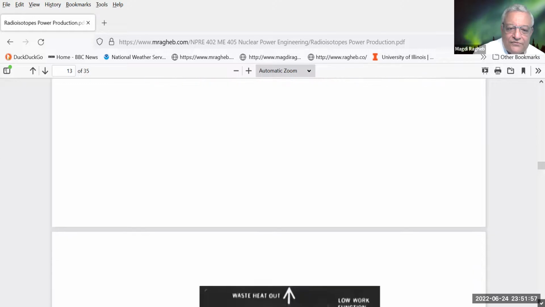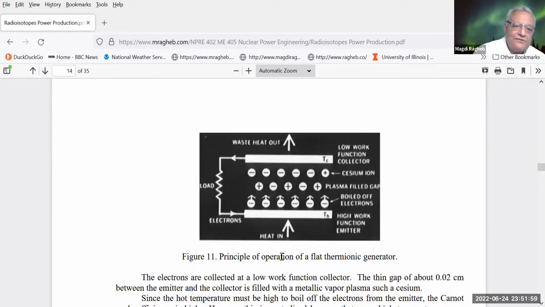An example is shown right here, in that you could also produce heat from a radioactive isotope on a surface of a material, and then you get another material on the top, and between them you put in a material that can be ionized. Ionized in that case means that you strip the electrons out of the atoms of the material. One choice material is cesium.